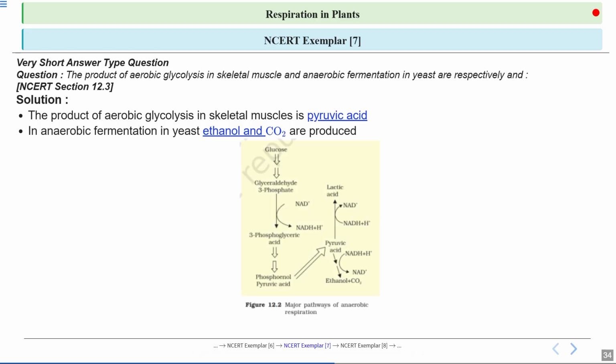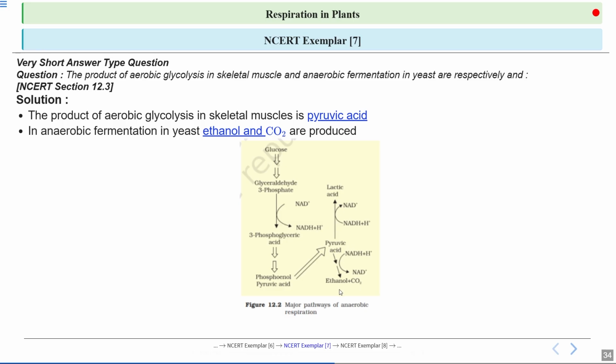Here in the image we can see the major pathways of anaerobic respiration. If we first talk about the incomplete oxidation of glucose during glycolysis, it forms pyruvic acid. Then this pyruvic acid is handled by different cells depending upon the requirement. Pyruvic acid is converted to lactic acid in case of lactic acid fermentation, and this takes place in the absence of oxygen.